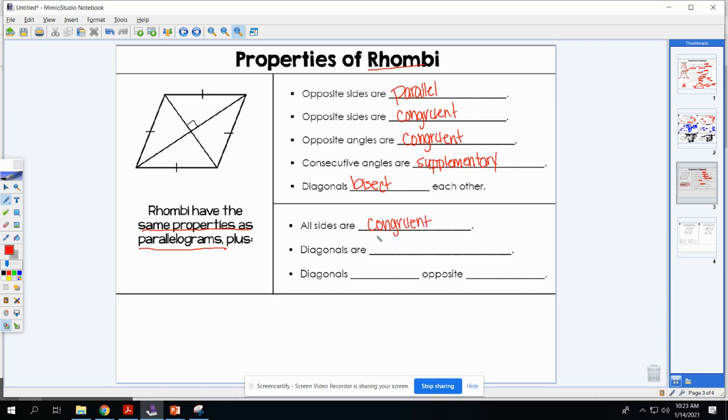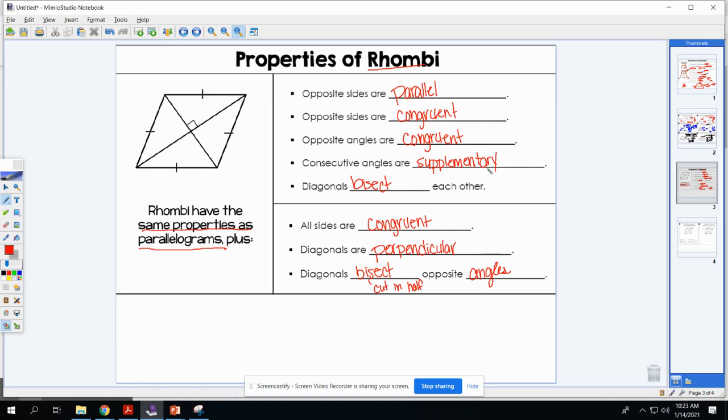Our diagonals are perpendicular. And finally here, our diagonals bisect opposite angles. All right, our diagonals bisect opposite angles, or if you can't remember, that means cut in half. Okay, so our diagonals are going to cut our opposite angles in half.